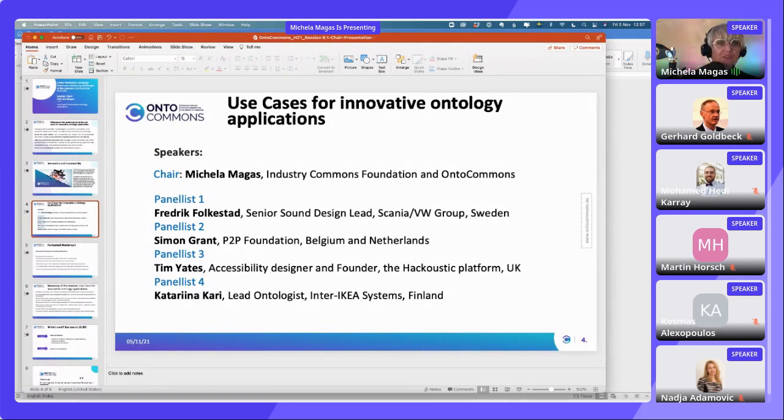aspects and parameters that need to be taken into consideration, or at least a snapshot of some of those parameters, rather, was included in the presentation by Fredrik Folkestad.